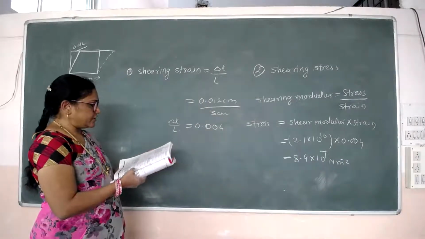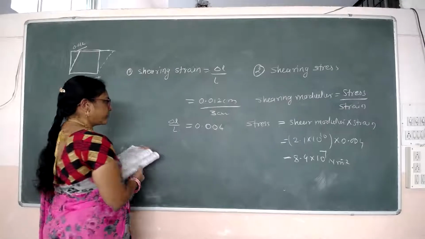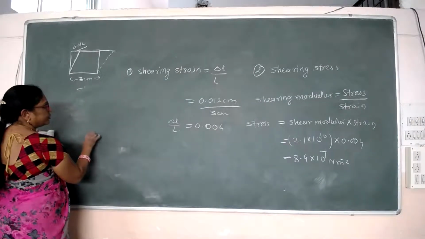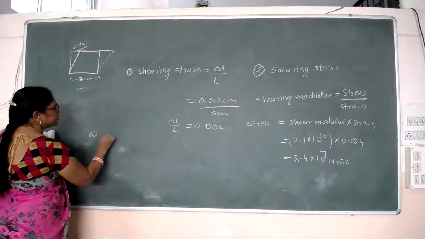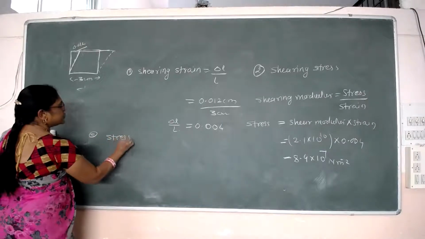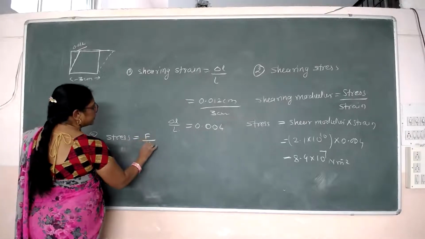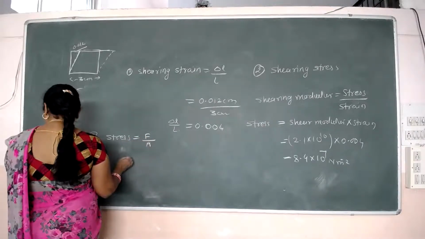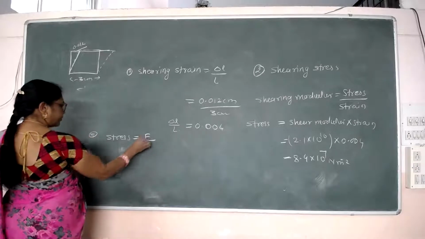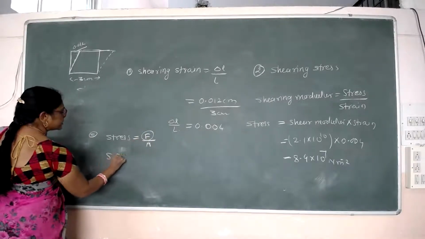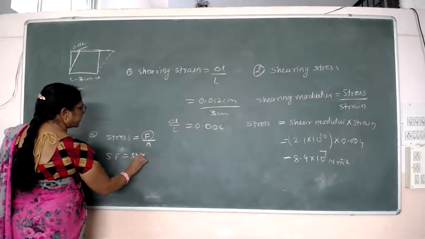The third part is the shearing force. We know that this stress is known as shearing stress. Shearing stress is equal to force per unit area. Here we want to find the shearing force. Therefore, shearing force is equal to stress into area.